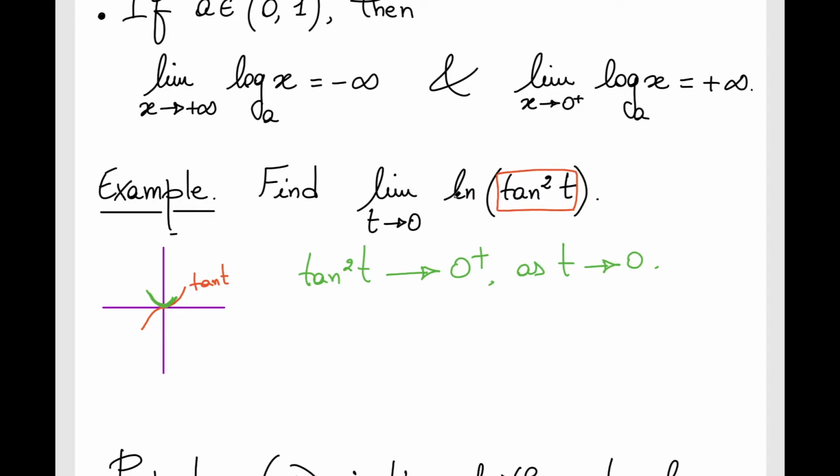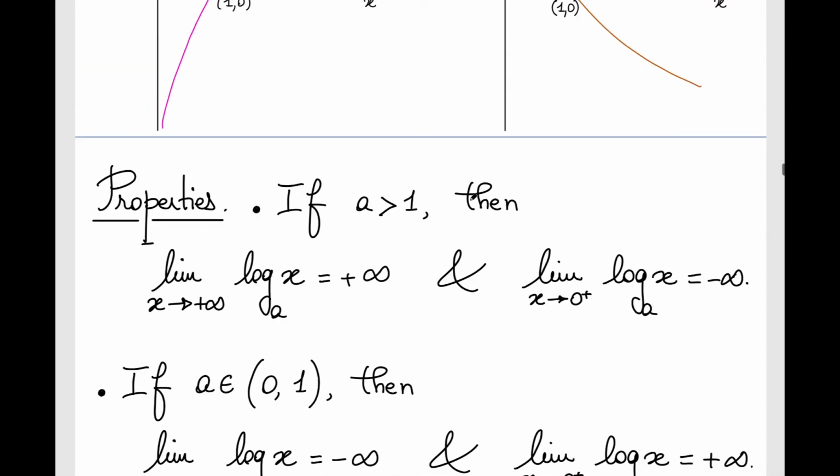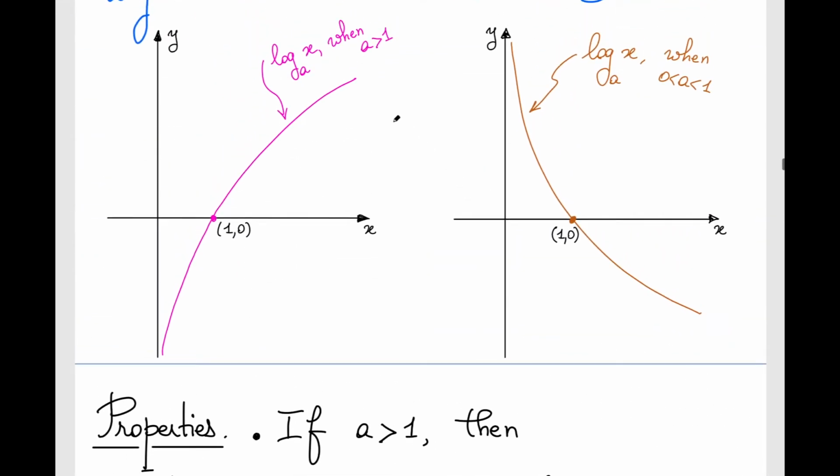Well, first of all, ln is the same as log base e, right? If you remember, ln is log base e. So the base is bigger than 1. Euler's number is bigger than 1. It's 2.718 or something, right? So it's bigger than 1. So where does log base a of x go when x goes to 0 plus?